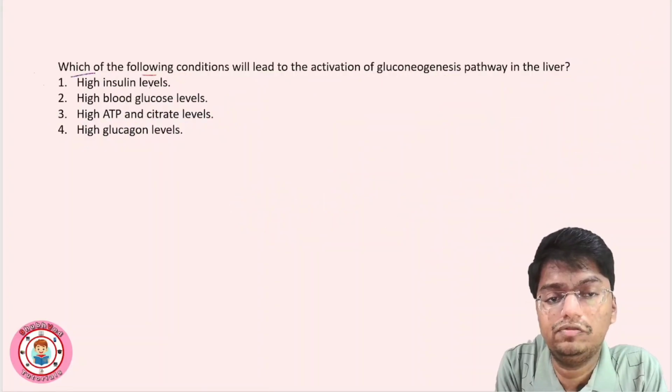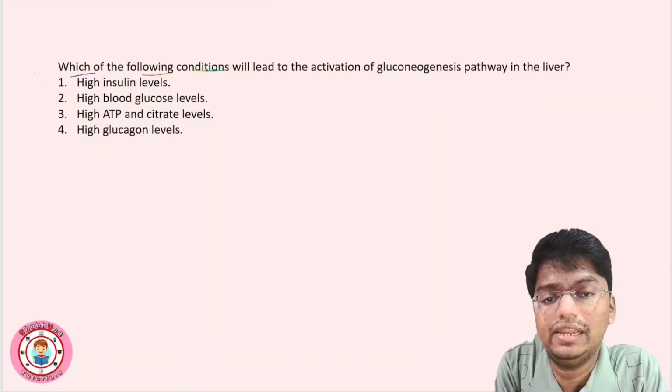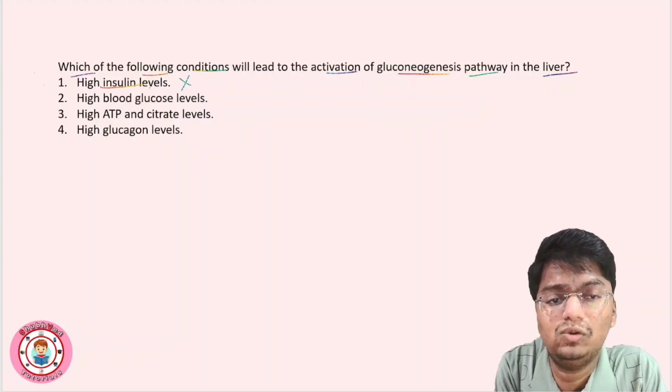Which of the following condition will lead to the activation of gluconeogenesis pathway in the liver? Okay, gluconeogenesis means synthesis of glucose. High insulin, no. Insulin glucose लो करेगा, कम करेगा. So not synthesis, right? High blood glucose, again, already blood glucose level is high.